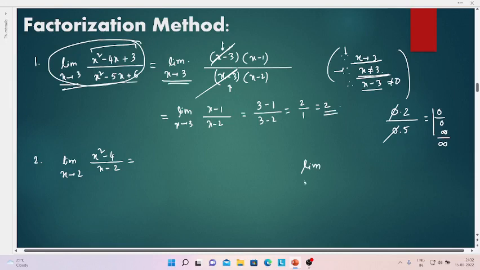So limit x tends to 3, x square minus 4x plus 3 upon x square minus 5x plus 6 equals 2, right? If you substitute the value directly, it won't work.